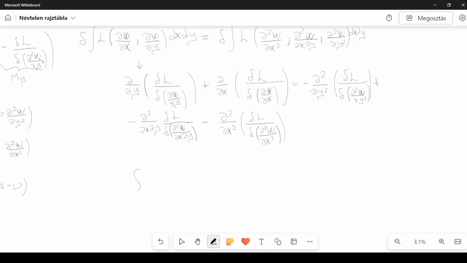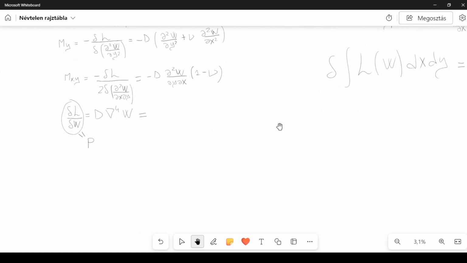It's as if we consider the change in the integral of the Lagrangian with respect to w dx dy equal to the change in the Lagrangian thought as a function of the derivatives dw dx and dw dy. By integrating by parts the second quantity, you get exactly the equations that I have mentioned earlier. So you get minus d over dy delta L delta dw dy minus d over dx delta L delta dw dx.